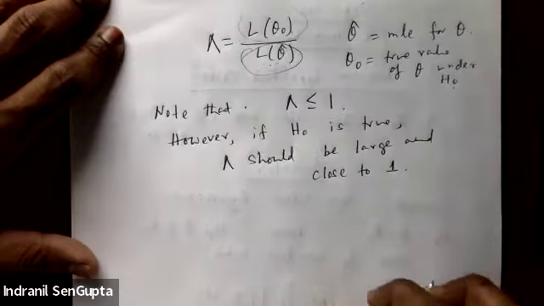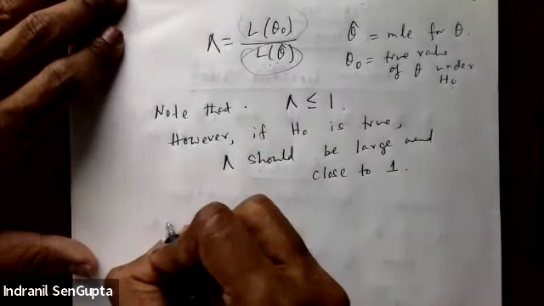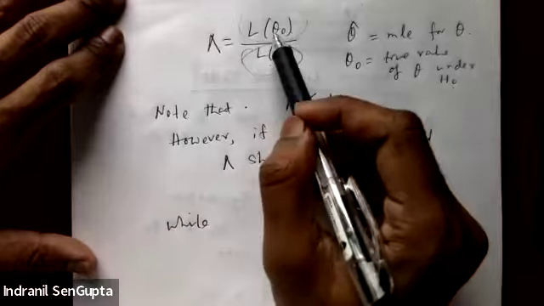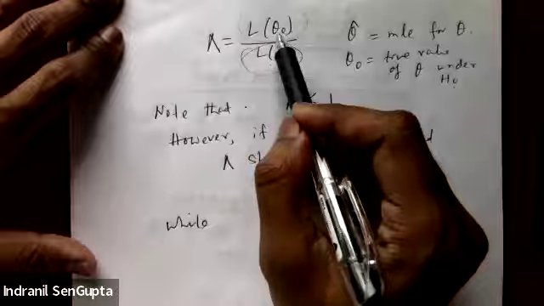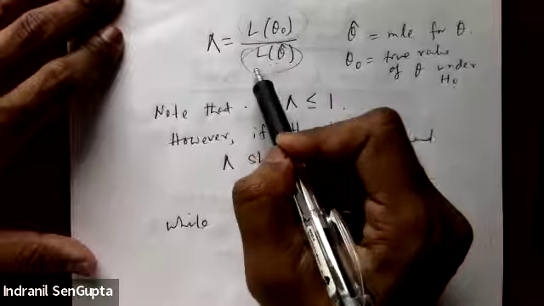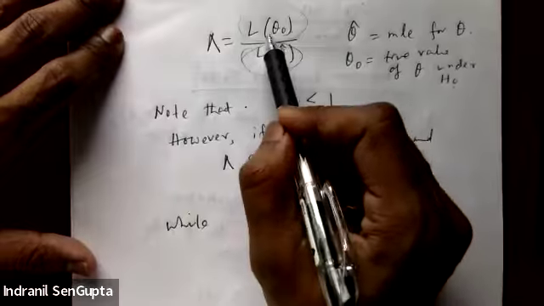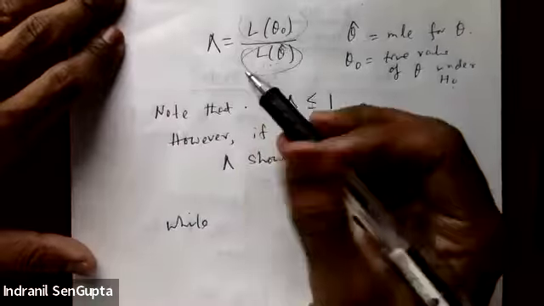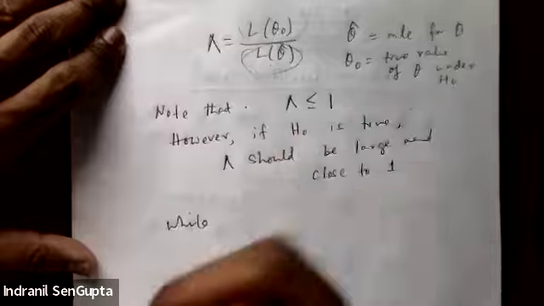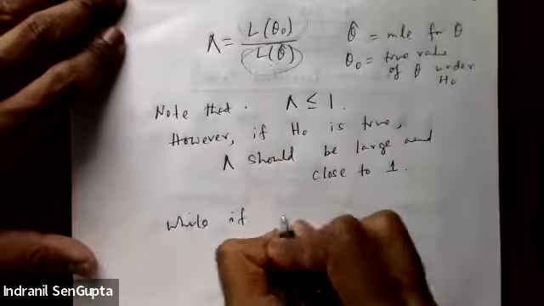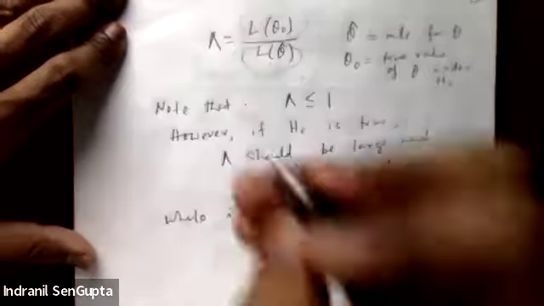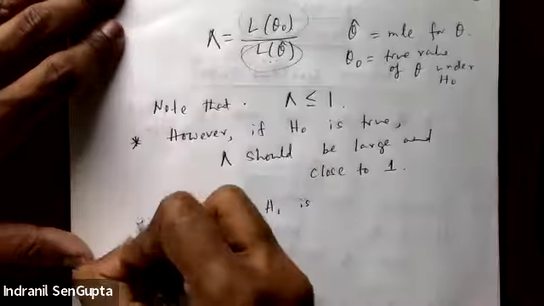While if L of theta 0 is not the max one, I mean, if theta 0 is not really the true parameter, then of course this is not the max. So if it deviates too much, then if we compute the ratio, that is smaller. We'll quantify this pretty soon. Don't worry about this, this is just a heuristic argument.